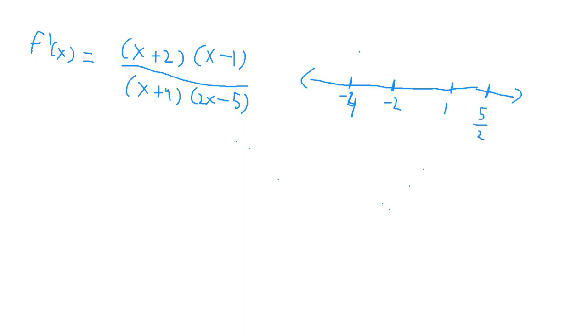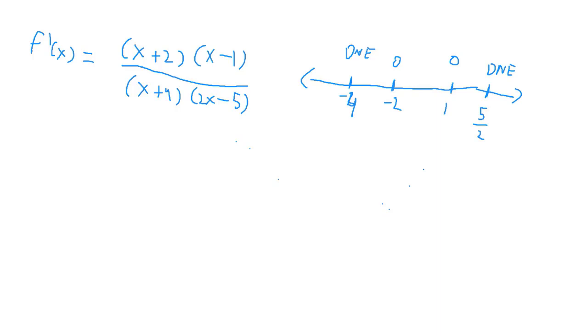So some of these are asymptotes, and some of these are actually the zero points of the derivative. So we can mark them. Our 5 halves and our negative 4 come from the denominator. When those happen, our denominator is 0 and we get an asymptote. And then these points are zero points.